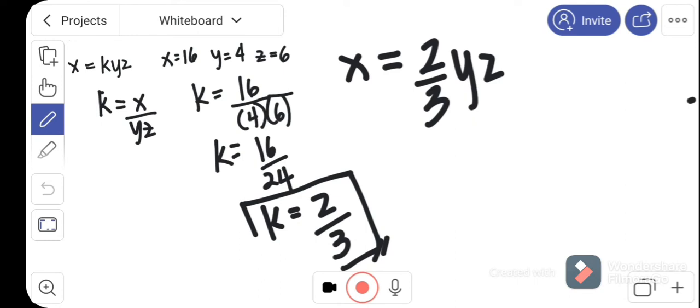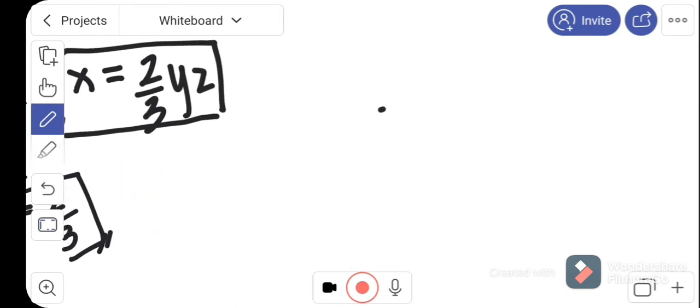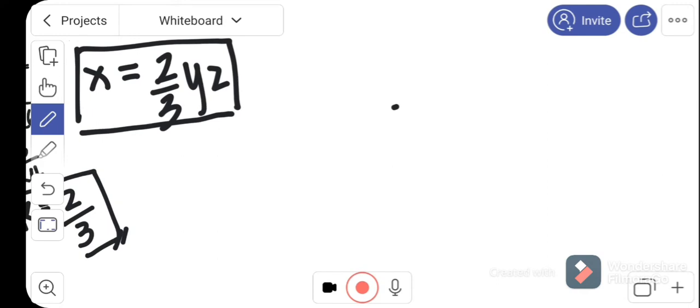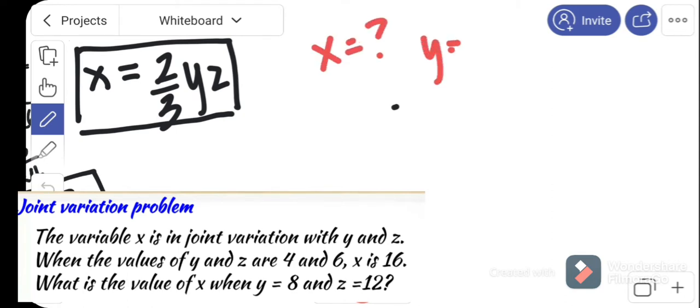Now we have our equation for this given problem. Let's now proceed on solving for what is asked, which is finding the value of x when y is equal to 8 and z is equal to 12. Simply substitute these values into our equation.